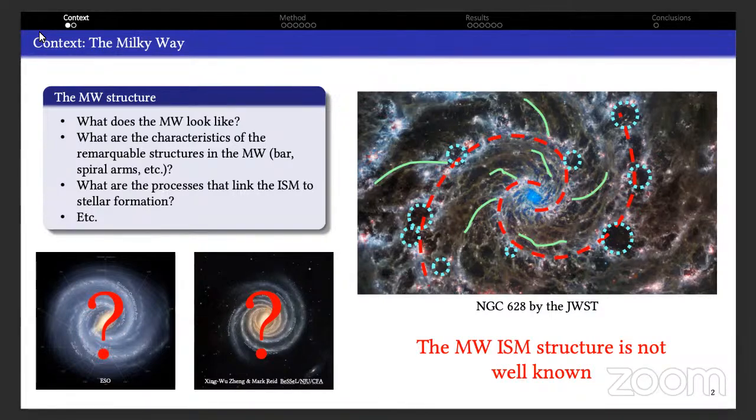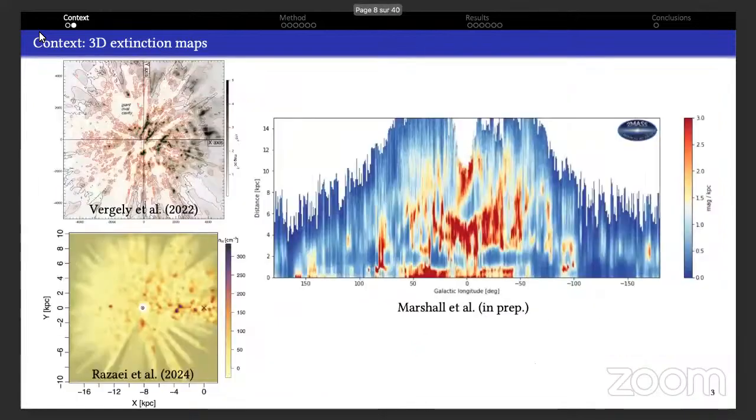To try to answer this question, we can use 3D extinction maps, which are maps that show us the dust distribution in the Milky Way. So there is, for instance, this map from Vergely et al. that has a good resolution, but extends only to 5 kiloparsecs from around the Sun.